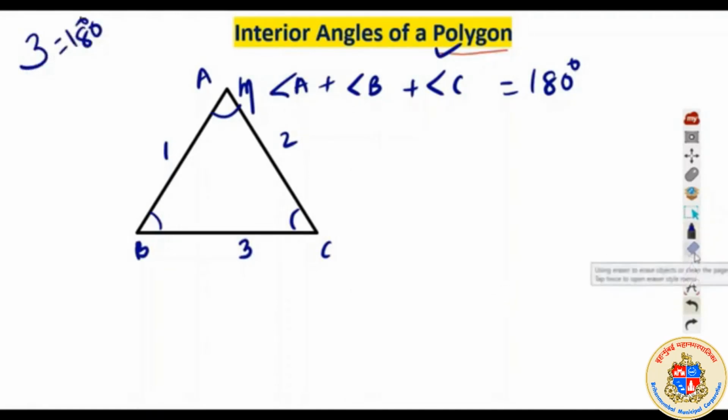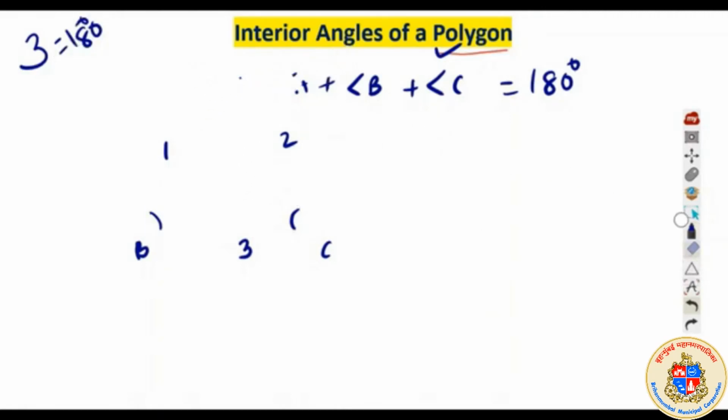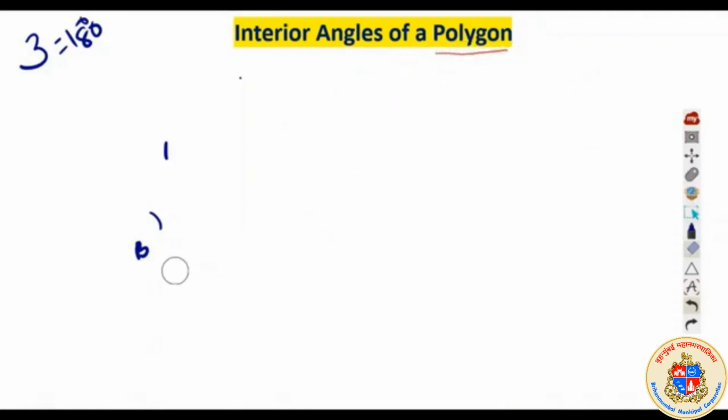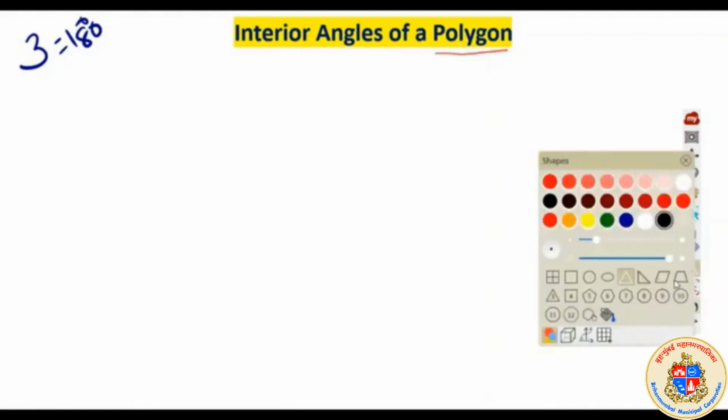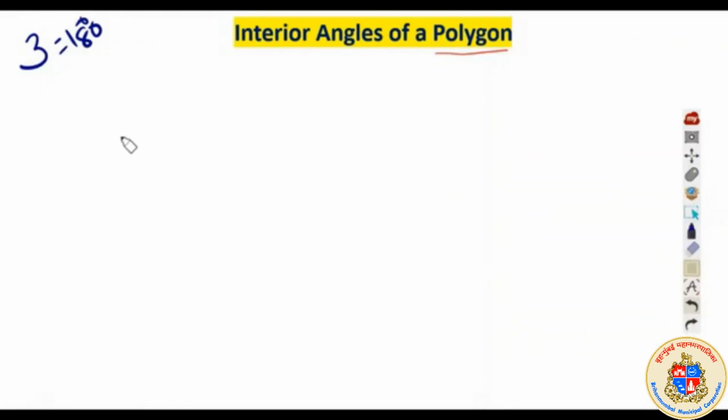I am thinking about taking another polygon, a four-sided figure. Suppose this is the four-sided figure I am taking. Now we have to measure the angles. You know that each angle is 90 degrees.